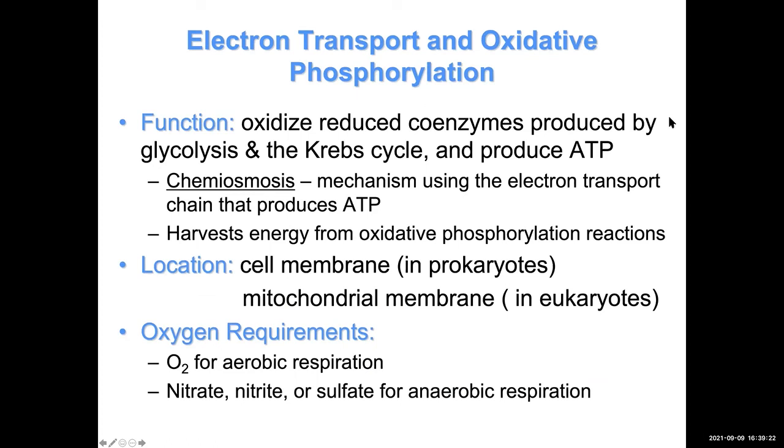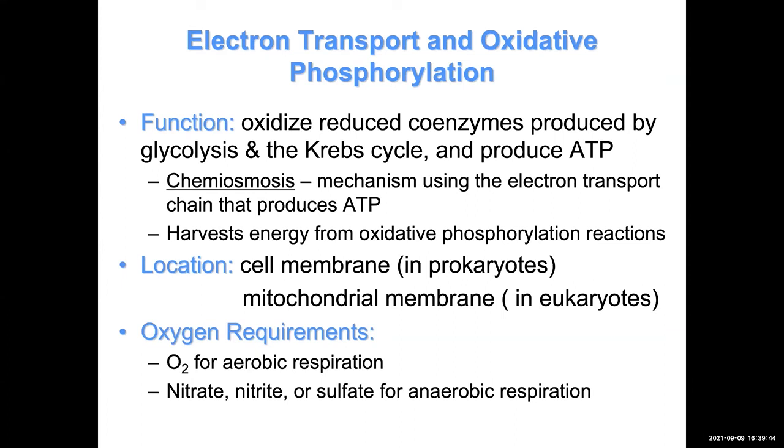All right, so the electron transport and oxidative phosphorylation. Those reduced coenzymes that were generated throughout the various pathways of glycolysis, the preparatory step, and the Krebs cycle, which are NADH and FADH2, guess what happens?